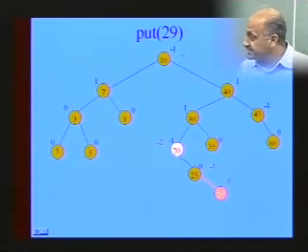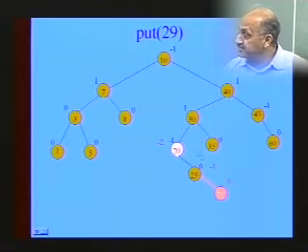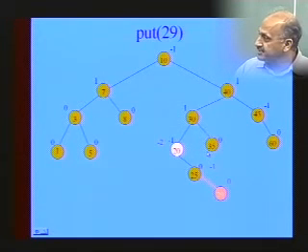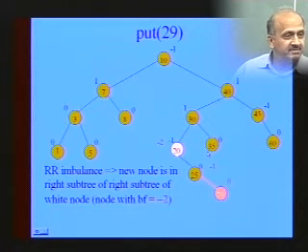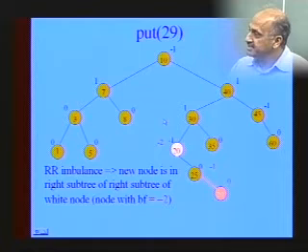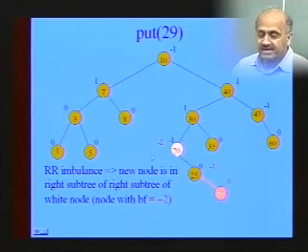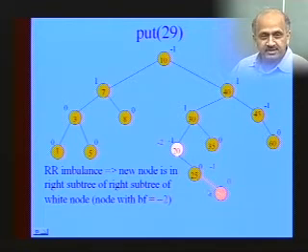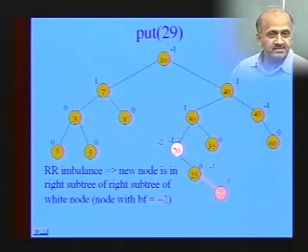All right, so in this example, we reached a node whose balance factor became -2. And at that time, we'll say we have an imbalance. The imbalance that we have is characterized based upon the location of the new node, the pink node, relative to the white node, the node whose balance factors become +2 or -2.